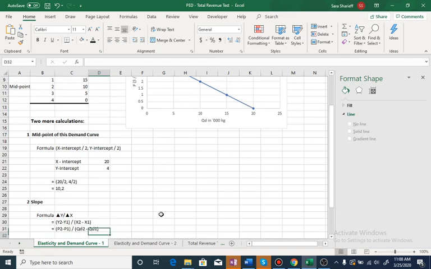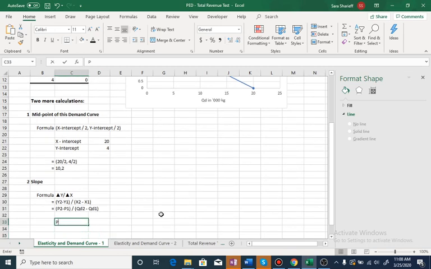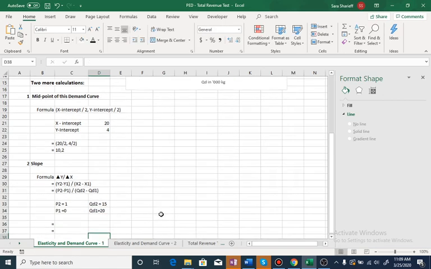So your P2 is equal to 1 and your P1 is equal to 0. And what is QD2 and QD1? As you're moving from 0 to 1, you are basically moving from a quantity of 20,000 to a quantity of 15,000. So your QD2 is 15 and your QD1 is equal to 20.